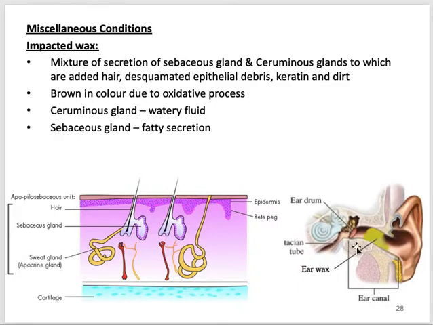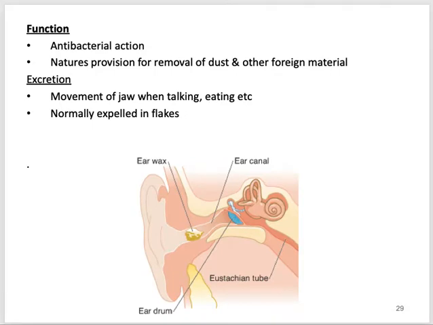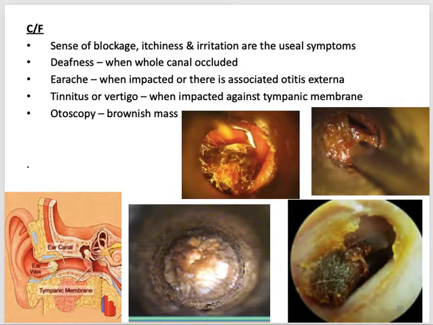And whenever there is wax impaction in the external ear, the patients present with a complaint of hearing loss, decreased hearing. Sometimes the patient does complain of tinnitus or ringing of sounds, and giddiness.